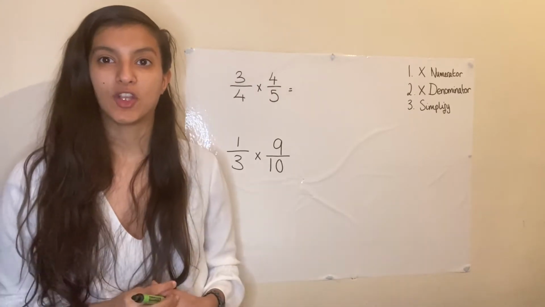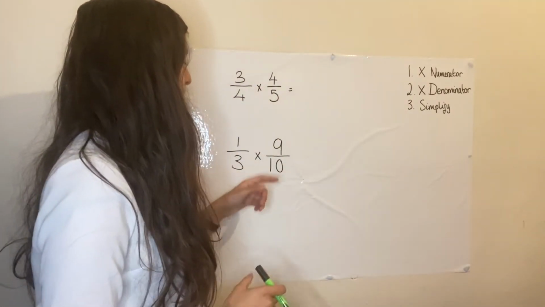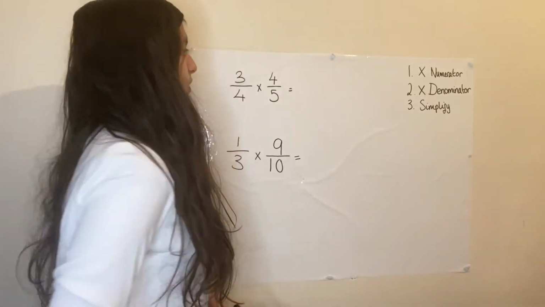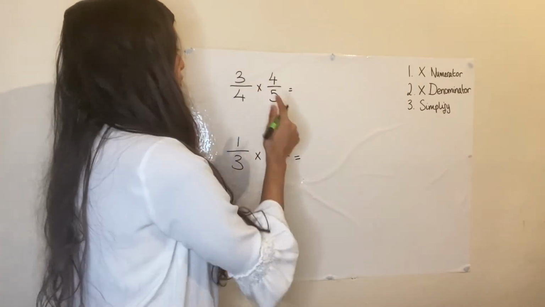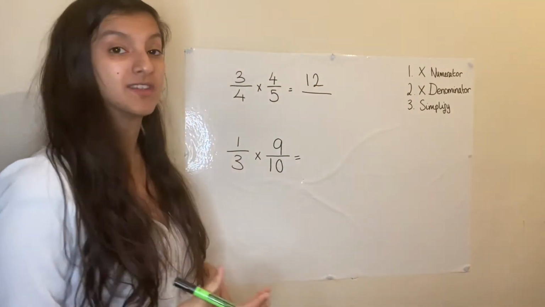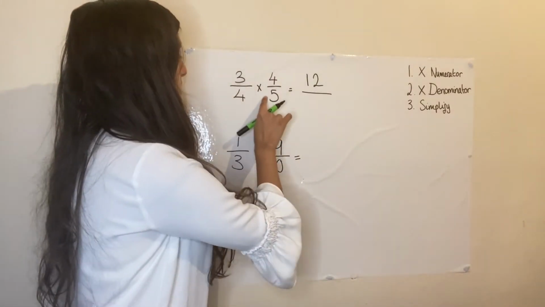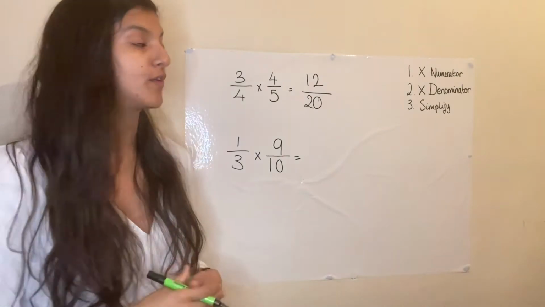Okay, next we're going to take a look at these 2 questions. I've got 3/4 times 4/5 and 1/3 times 9/10. So let's start with step 1, which is to multiply my numerator. So I'm going to multiply 3 by 4, which is 12. And then I'm going to multiply my denominator, which is step 2. So 4 times 5, which is 20. And then step number 3 is to simplify my answer.